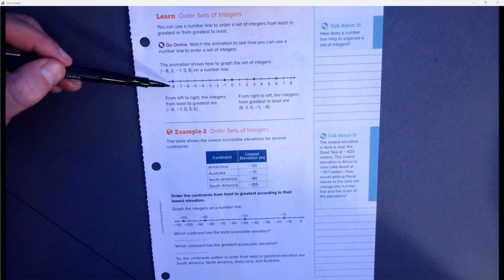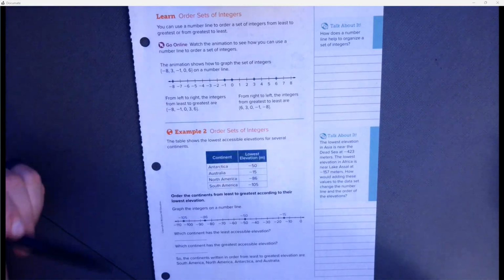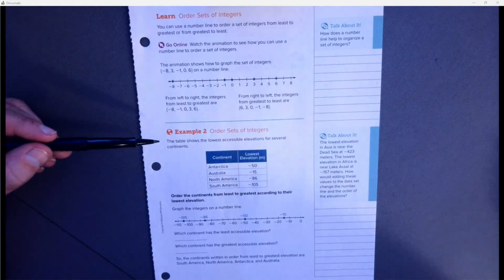From left to right, the integers are from least to greatest, or negative 8, negative 1, 0, 3, and 6. From right to left, the integers are from greatest to least: 6, 3, 0, negative 1, and negative 8.